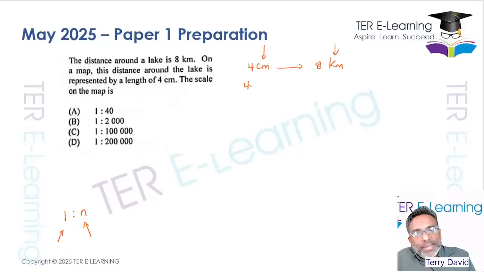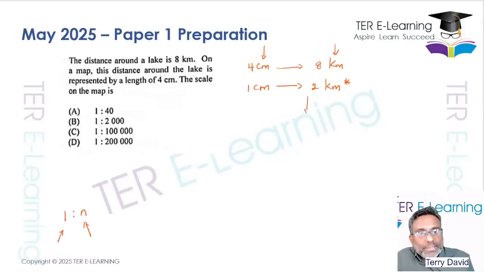So the first thing I would do is say, if 4 cm represents 8 kilometers, then 1 cm represents 2 kilometers. So I will convert these kilometers into centimeters.